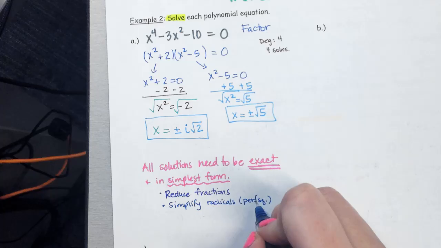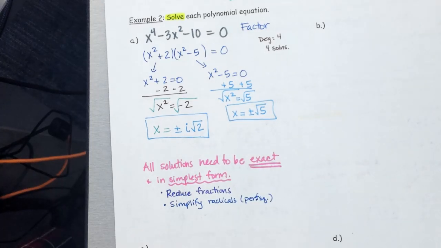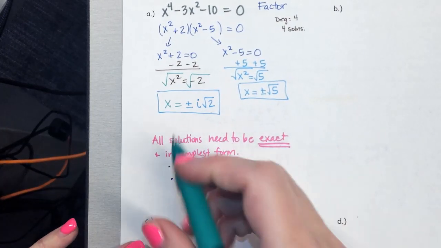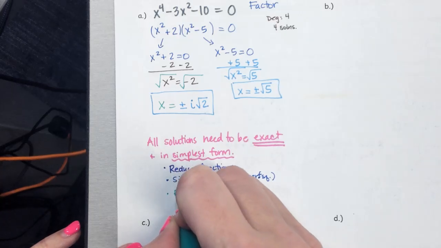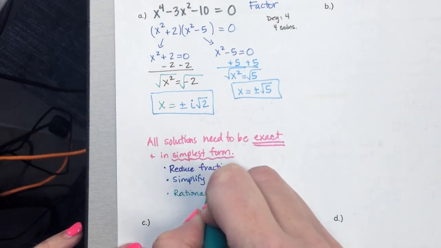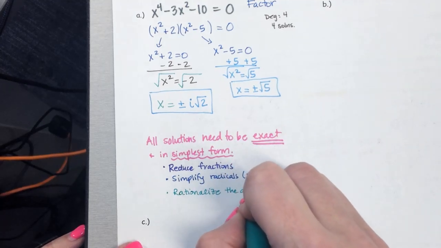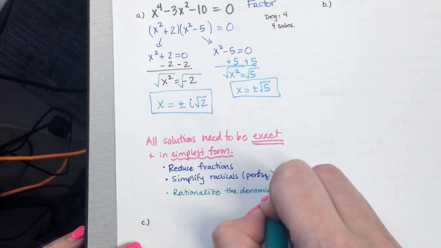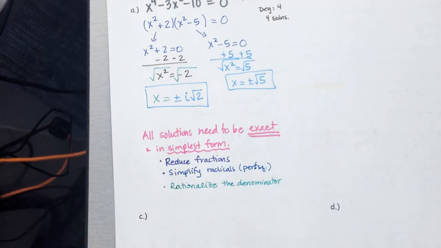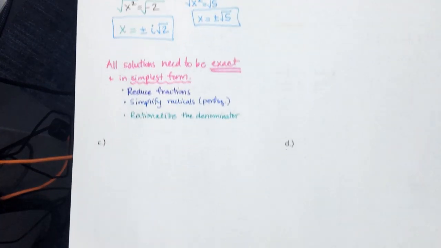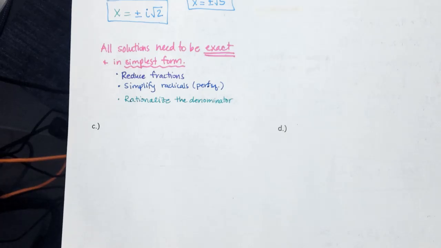And then if you have a square root in the denominator, we have to rationalize it. The reason it's called rationalizing is you're taking something that's irrational and making it a rational number.